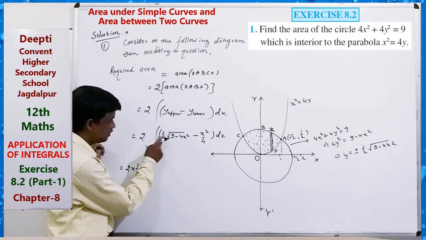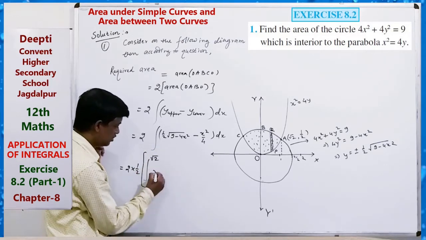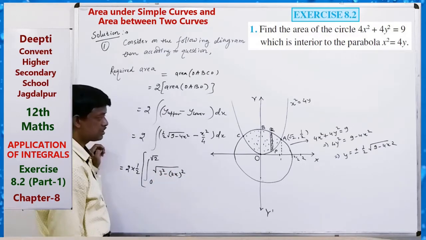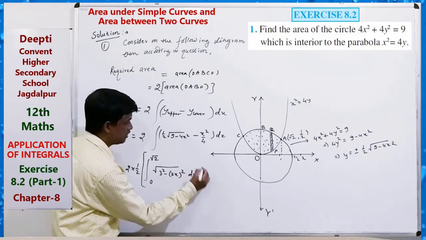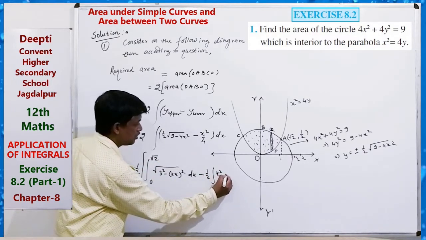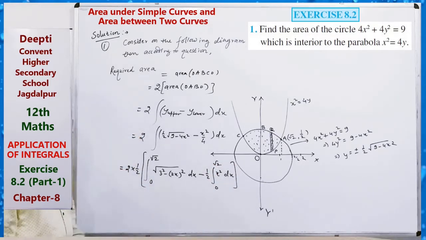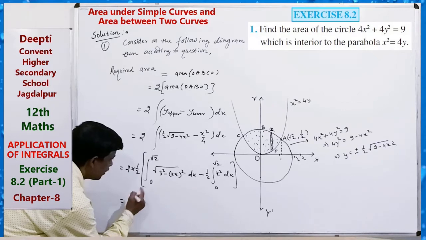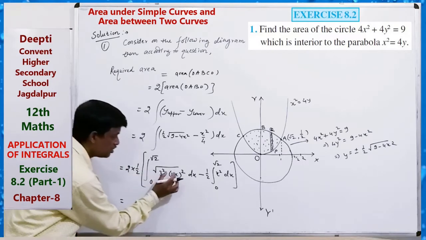And here the first integral, root over 9 minus 4x square. We can write it in the a square minus x square formula, dx. First integral. Second integral, 1 by 2 is taken out. So 1 by 2 integral of x square dx, limit 0 to root 2. Just we have to solve this integral, then we can get the result. For the first integral, root over a square minus x square means x by 2, here x means 2x.